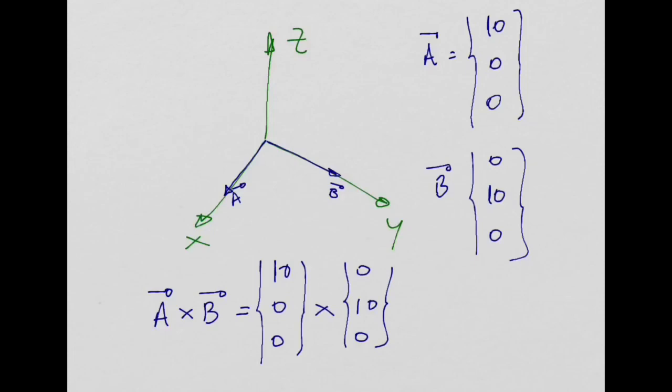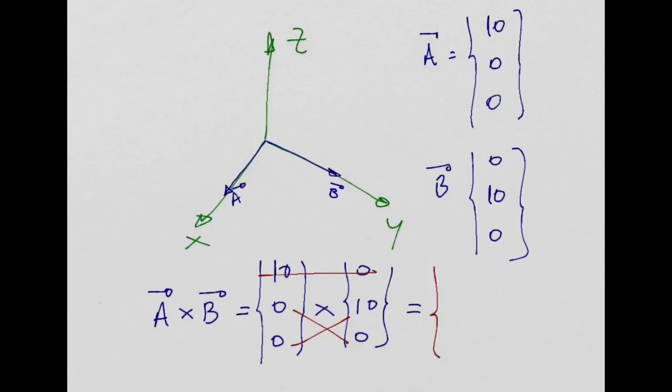So let's do the cross product now. Let's start with the x first. So I need to do this cross product now. This times this, which is 0, minus this times this, which is also 0. Agree with me?